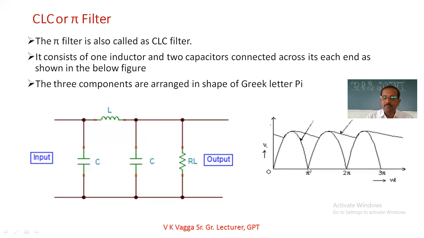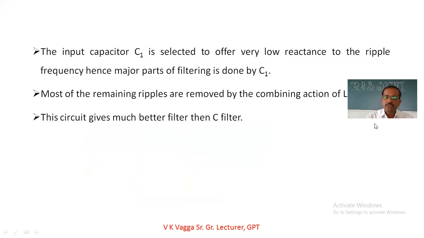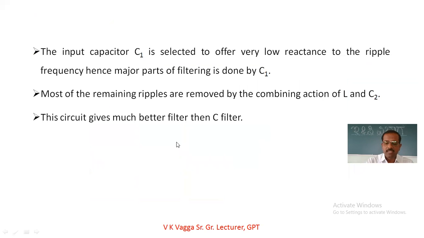It is also represented in the same form: the half wave patterns are the output of the full wave rectifier, and the upper part is the DC output. So this is about the CLC filter.